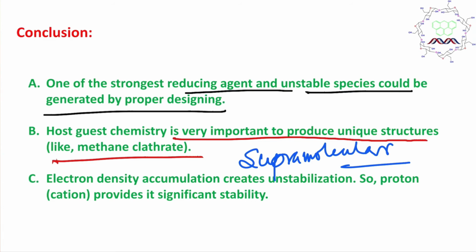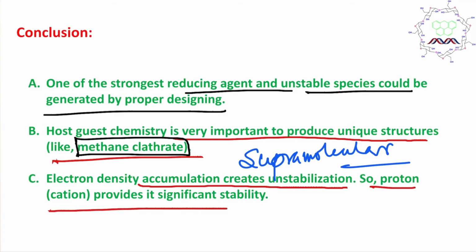You may consider it a long ordered molecular thing having a proper orientation, and that orientation provides exceptional stability, like this adamanzane. Methane clathrate is actually a gas hydrate where the methane molecule is trapped inside the ice and stabilized. I have already discussed it in a dedicated lecture, you may visit. And please remember, electron density accumulation creates destabilization, so a proton provides significant stability. I have just given the example.